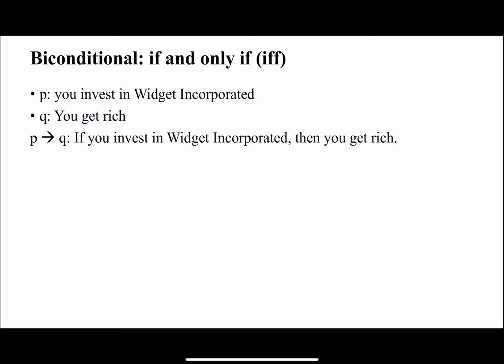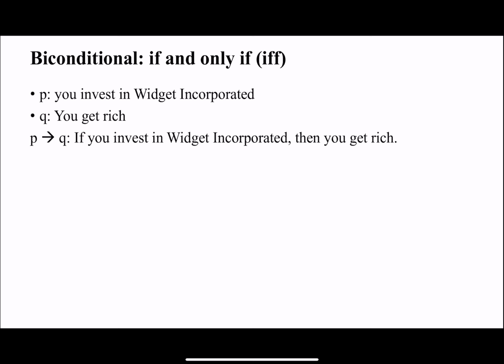Okay, so we have another way that we want to discuss here to combine two statements, if and only if, okay? So let's say P represents you invest in Widget Incorporated and Q represents you get rich. Well, I tell you, if you invest in Widget Incorporated, then you get rich.